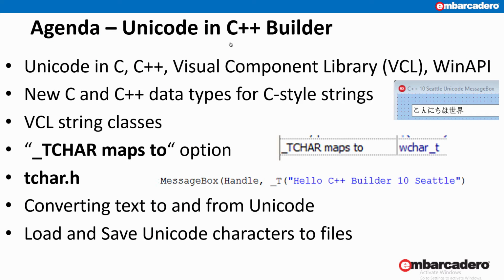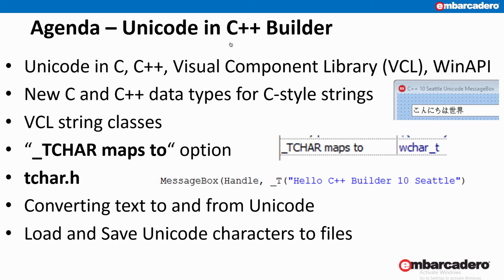For the agenda, we'll look at working with Unicode in C++ Builder. As you know, for string data types, C++ Builder offers several choices. Your code can use C style characters and strings, or C++ string objects, or VCL string objects. Each of these has its own set of Unicode variations.